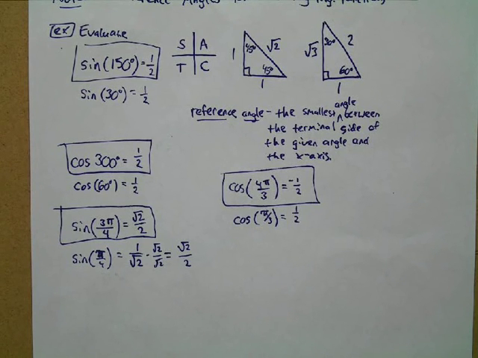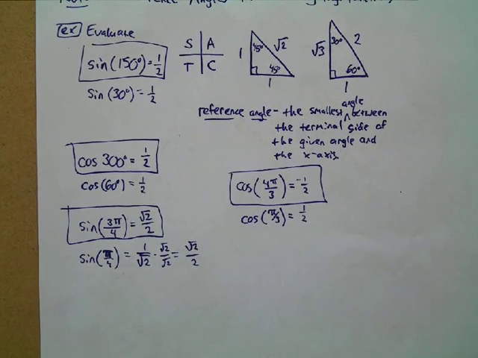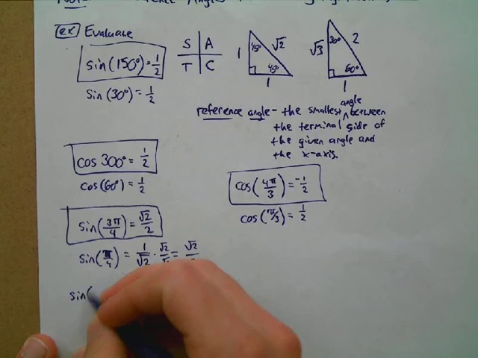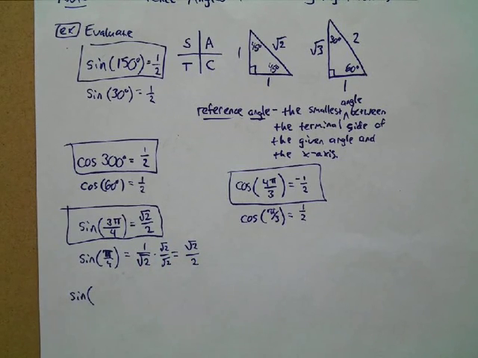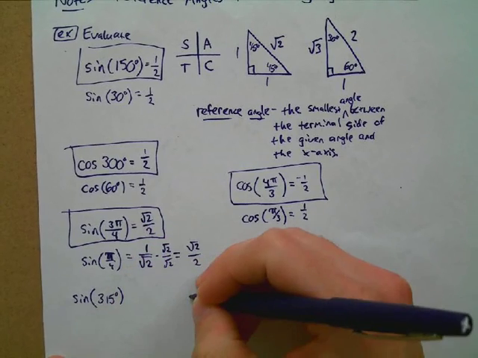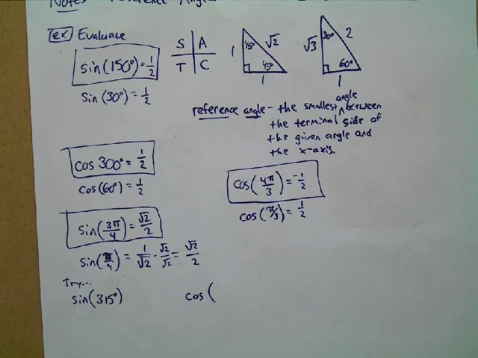Why don't you all try sine of 315 degrees, cosine of pi over 3, and then cosine of 7 pi over 6.